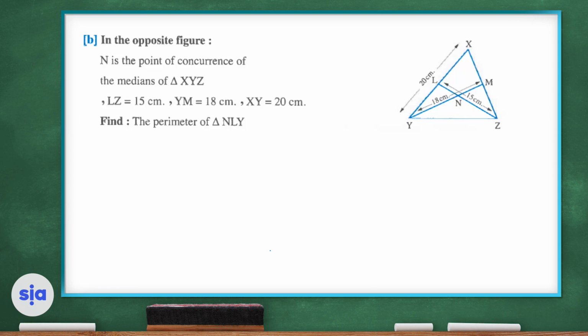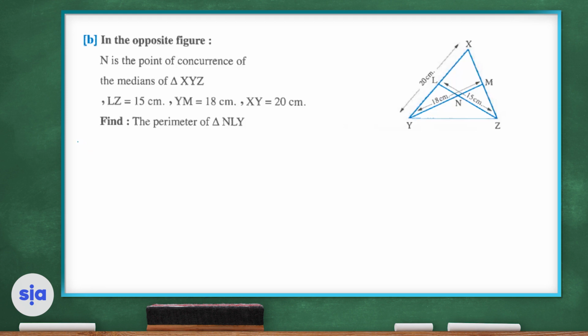Question 4b. In the opposite figure, N is the point of concurrence of the medians of triangle XYZ, where LZ is 15 centimeters, YM is 18 centimeters, XY is 20 centimeters. The question says, find the perimeter of triangle NLY.